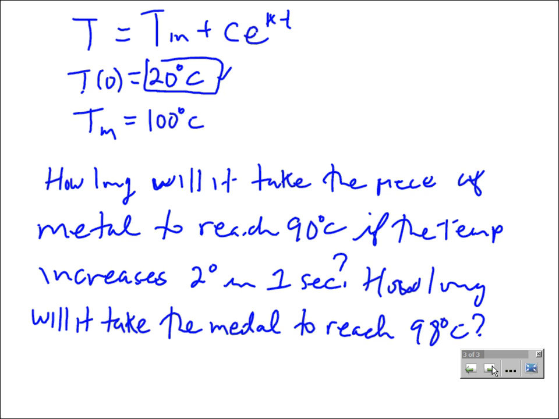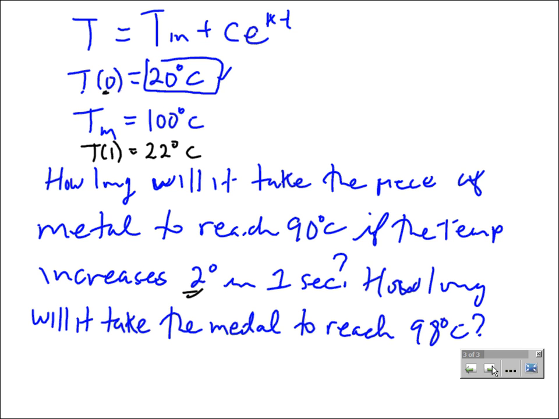Okay. Now, I did it another way. It doesn't work out that way. So we need to see if what I'm saying is correct, and if not, why not? Well, for example, I also know that T of 1 second later than 0 seconds, it's going to have gone up 2 degrees. So it's going to be 22 degrees Celsius.